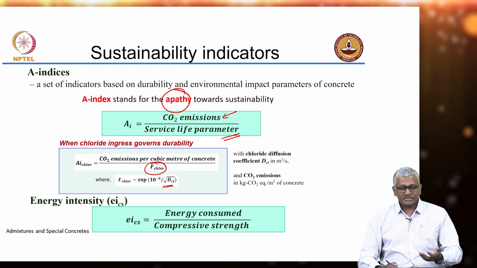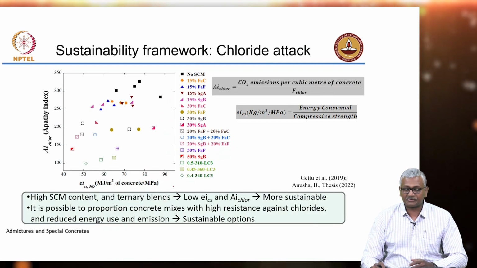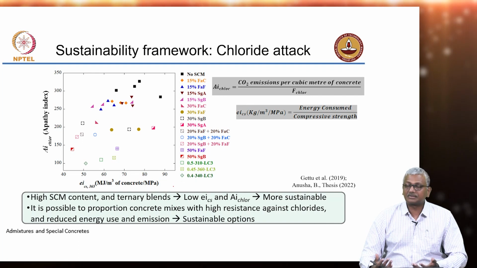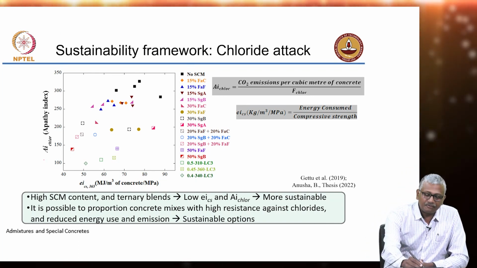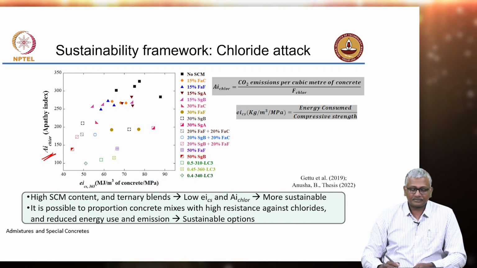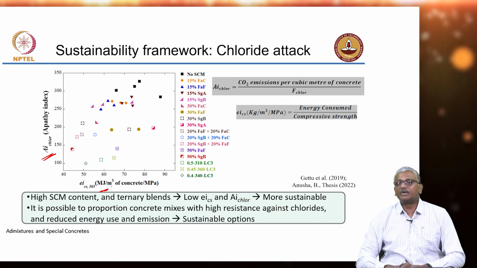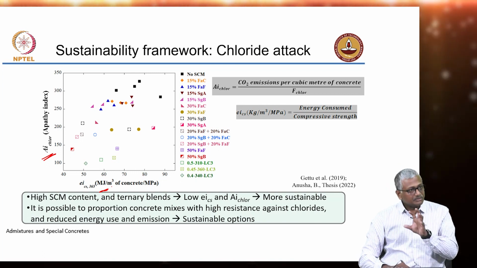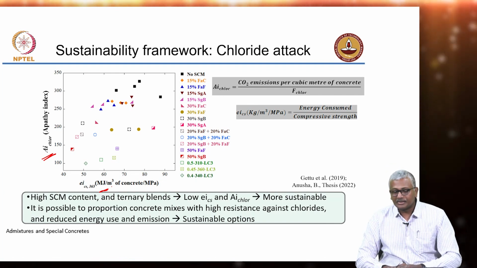So, energy intensity factor here is defined as energy consumed per unit compressive strength. And the sustainability framework that was generated by Anusha in her studies said that if you plot the apathy index versus the energy consumption per cubic meter, you will now get some sort of a rational way to select mixes that are going to be sustainable.